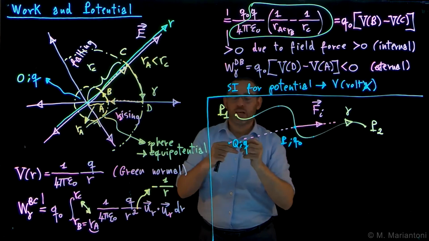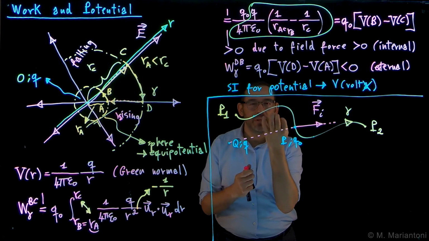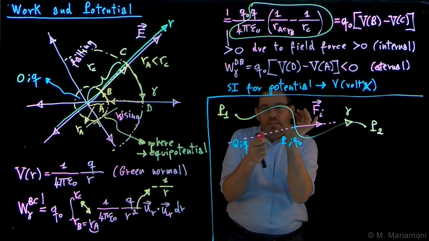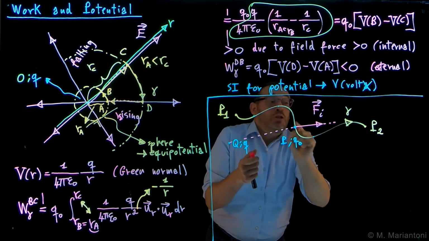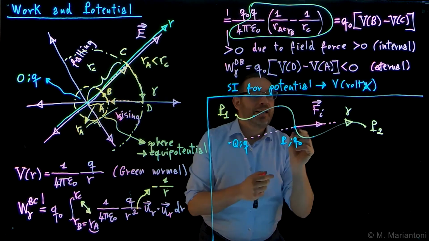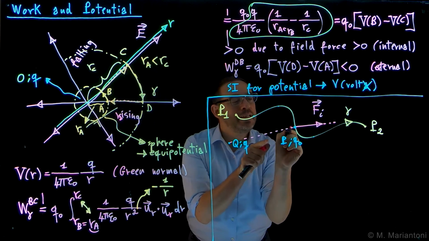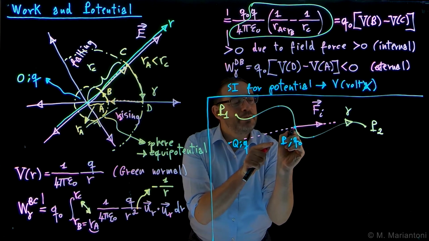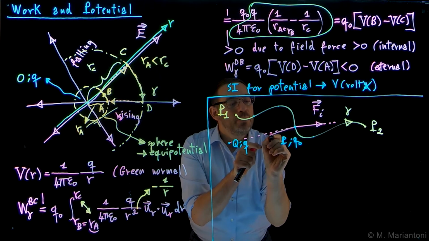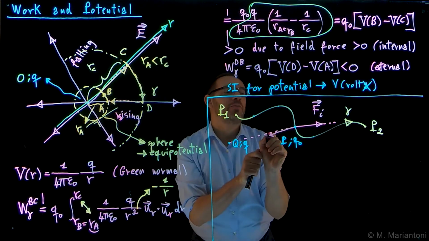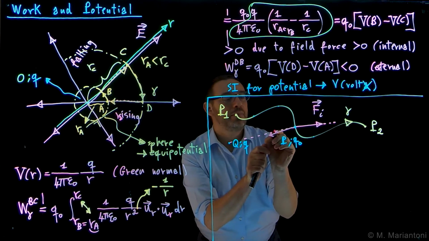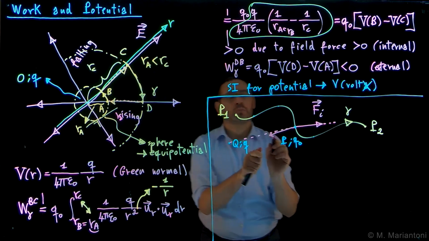So I don't want that. I want to have almost zero acceleration, just a tiny bit of velocity that allows me to follow this line. So to do that, I need to use an external force which is almost the same and opposite, but perhaps a little bit different, with a little bit of an angle, okay?